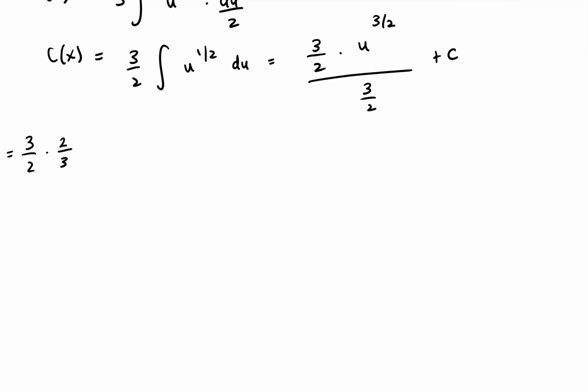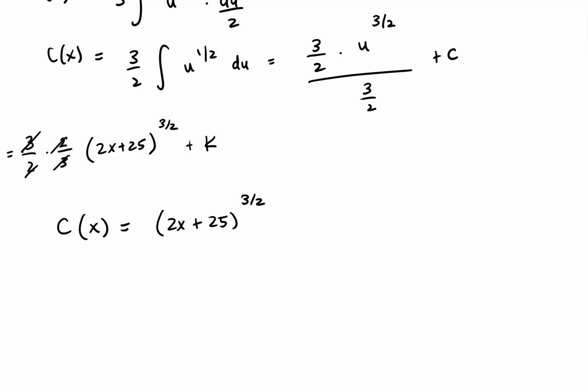And then u, we determined, let's see, what was u? 2x plus 25, and that's going to be to the 3/2 power plus c. These will cancel each other out. So I'm going to write this as k again. So C of x is equal to 2x plus 25 to the 3/2 power plus k.